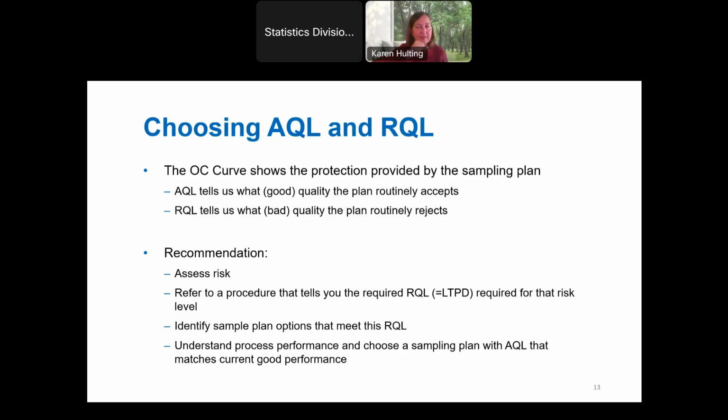Okay, so it's the OC curve that's going to help us choose an acceptance sampling plan that has statistical rationale. And so we're going to go back to that idea that the AQL tells us what good quality we want to mostly accept. The RQL tells us what bad level of quality we mostly want to reject.